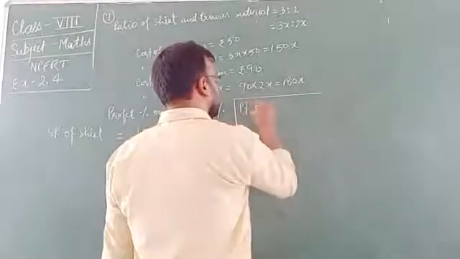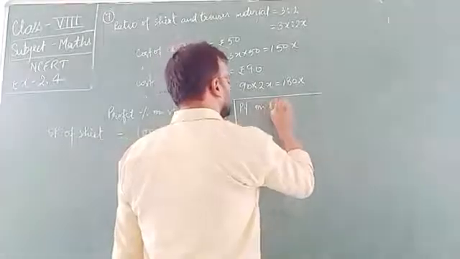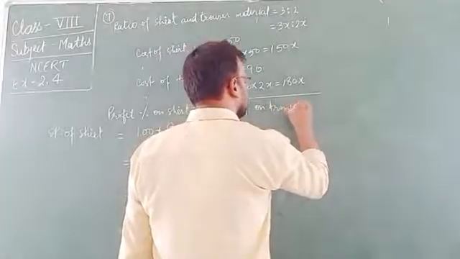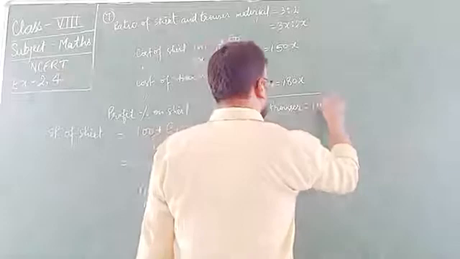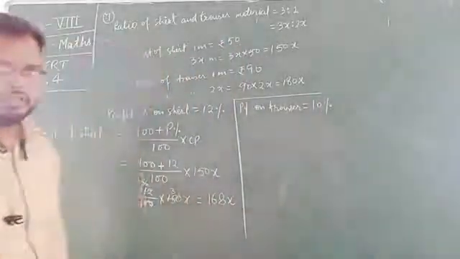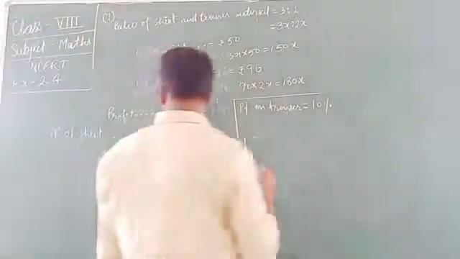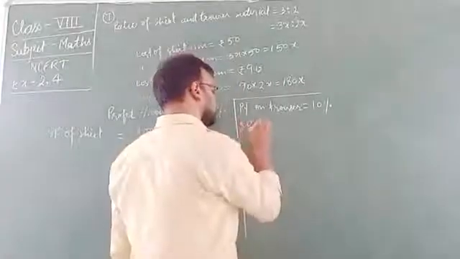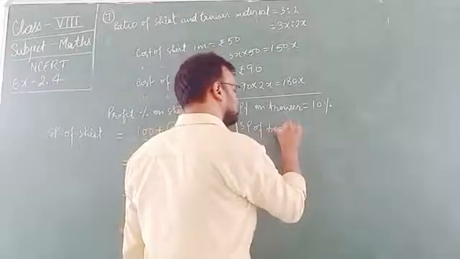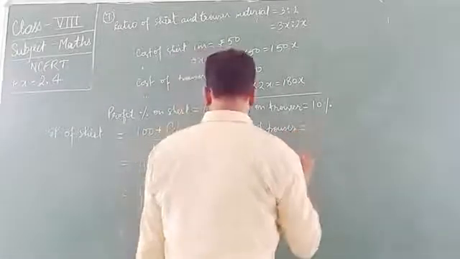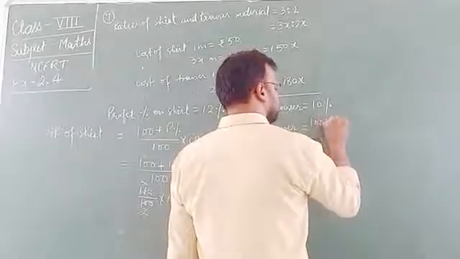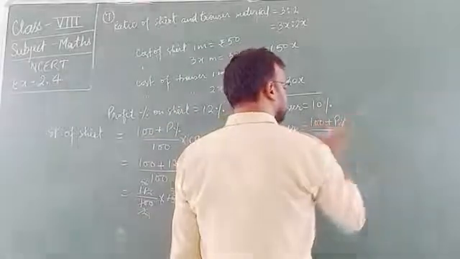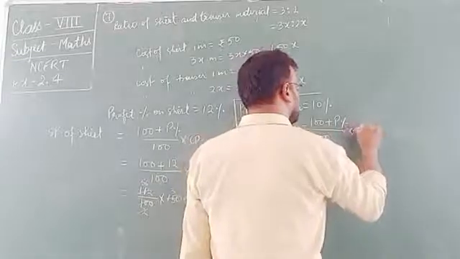Profit percent on trouser is given 10%. So SP of the trouser equals (100 plus profit percent) upon 100 into CP.